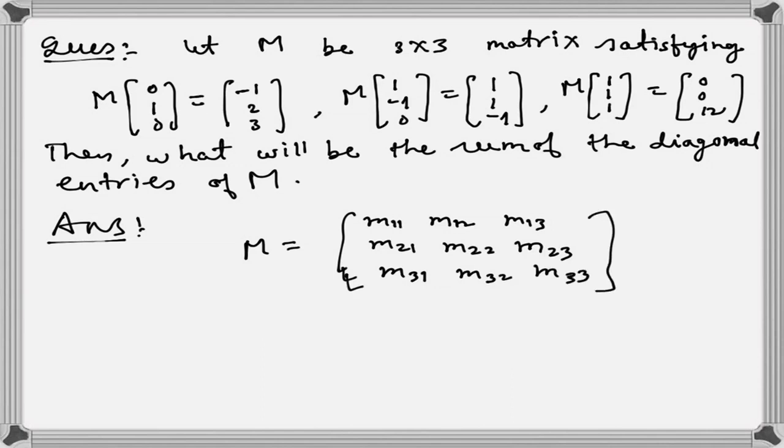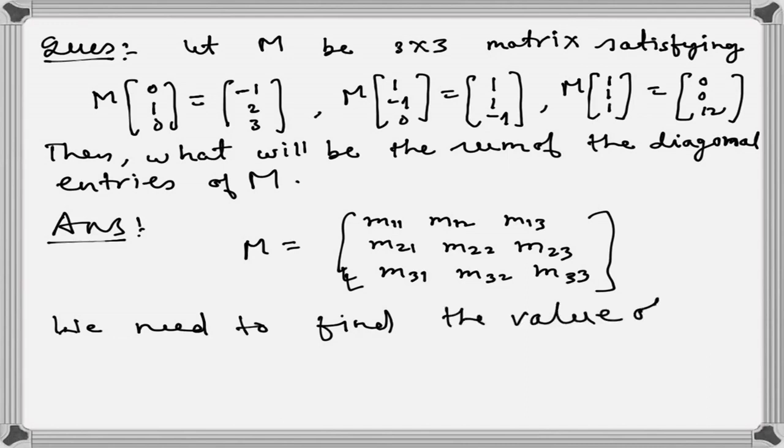Then we need to find the value of M11 plus M22 plus M33. Let's see how to do that. We take the first equation.